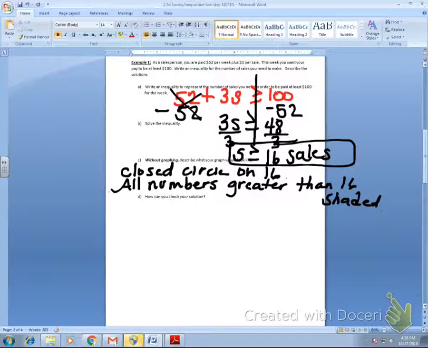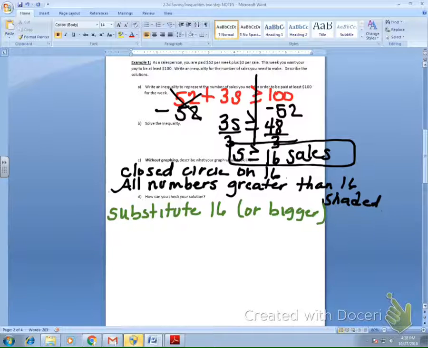Then it says, how can you check your solution? I'm going to use a different color just so we can see it. I'm going to check my solution by substituting 16, because that is an answer, or I could do anything bigger than 16.